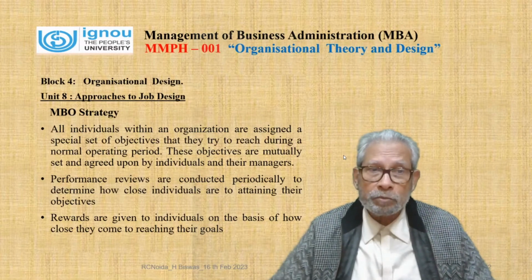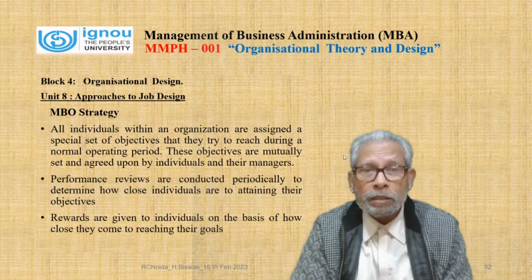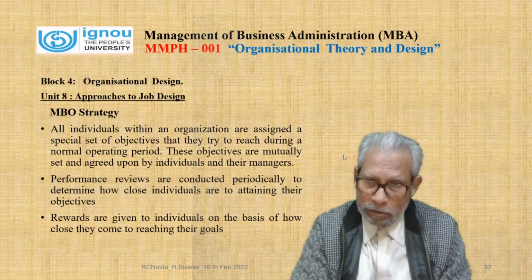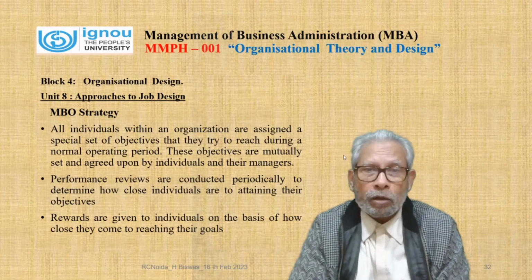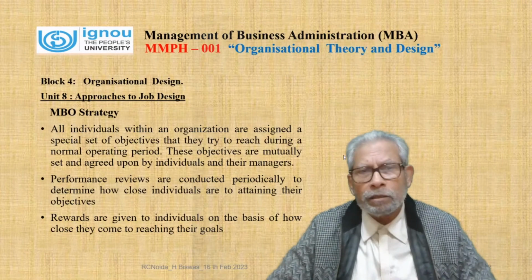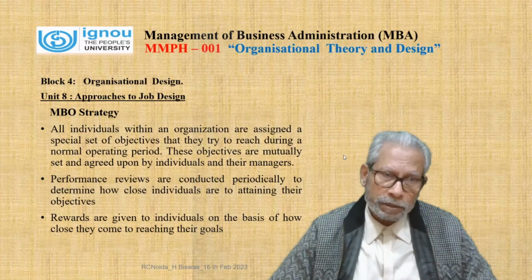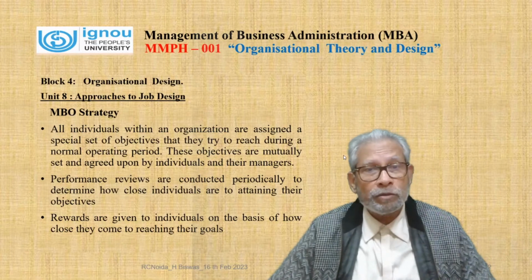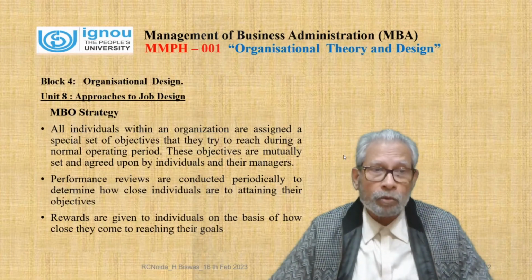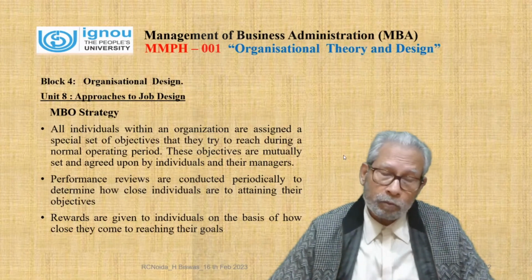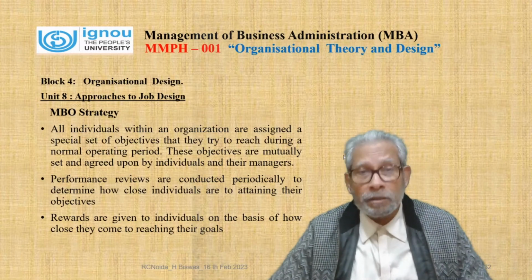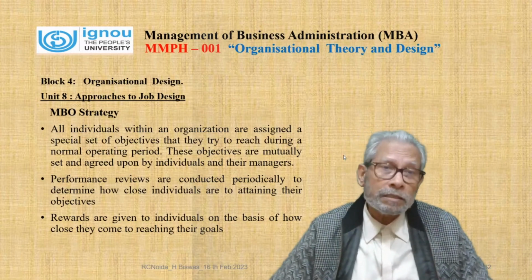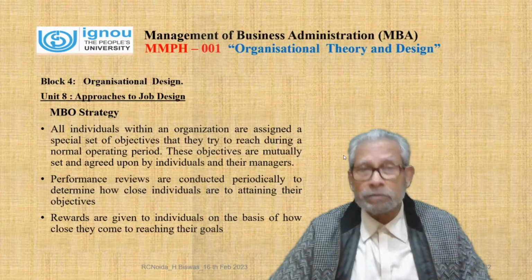So everything has to be reviewed, and accordingly they have to motivate, redesign or recheck, and that should be done periodically. Now, the third point is this: rewards are given to individuals on the basis of how close they come to reaching the goals. If somebody has reached 93%, then definitely he is the right person.